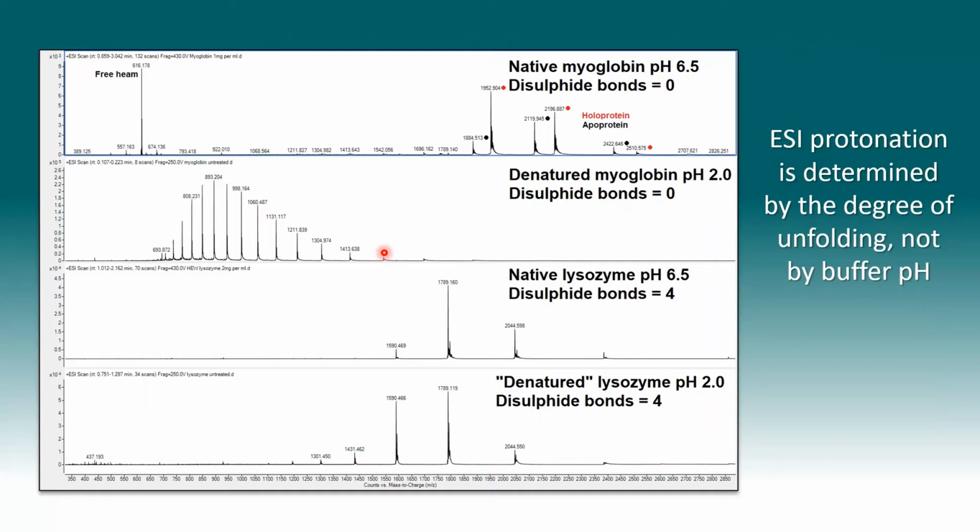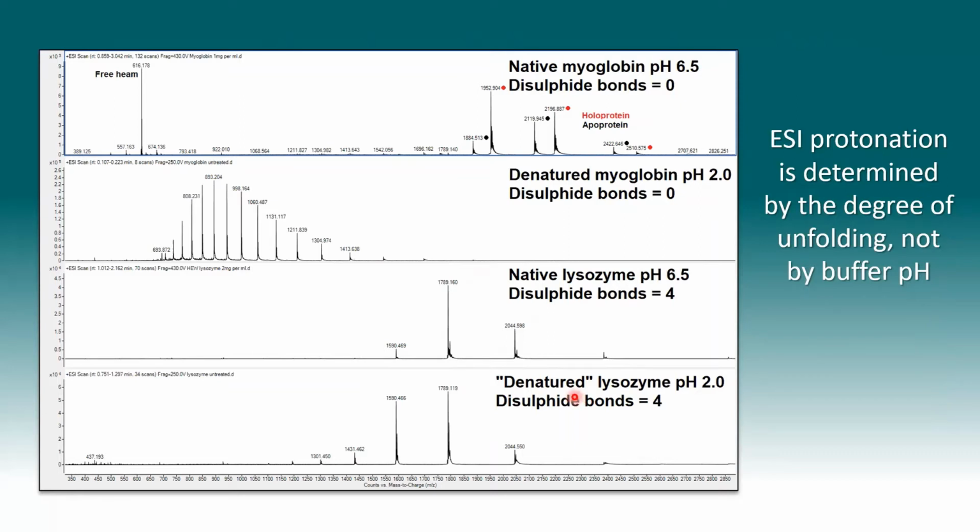It cannot linearize. When we expose it to the same conditions, these are native conditions, pH 6.5. Under denaturing conditions at pH 2 and in methanol, there is almost no change.